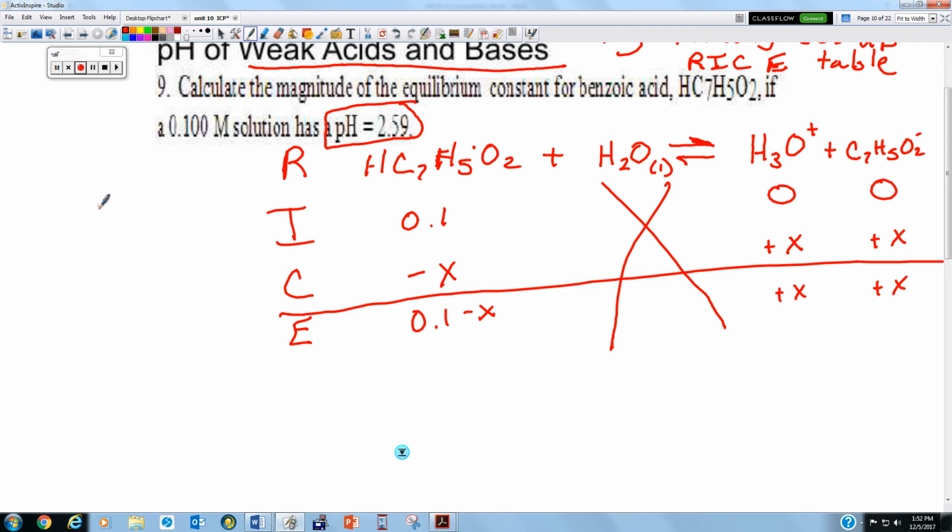Concentration of H. Isn't concentration of hydronium the same thing as the concentration of H+? So that gives us X. So if we take 10 to the negative 2.59, that's going to give us the H3O concentration, which is X.